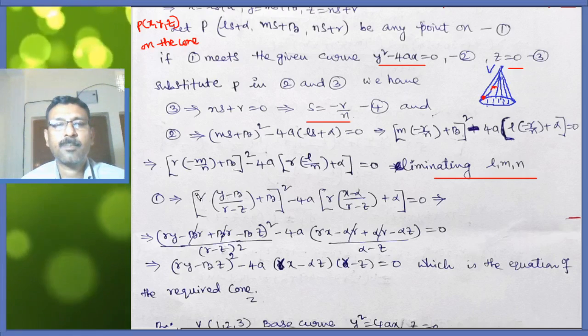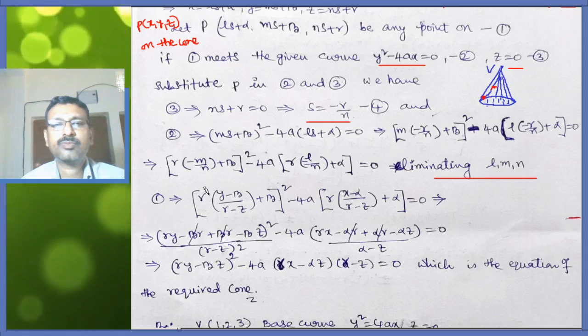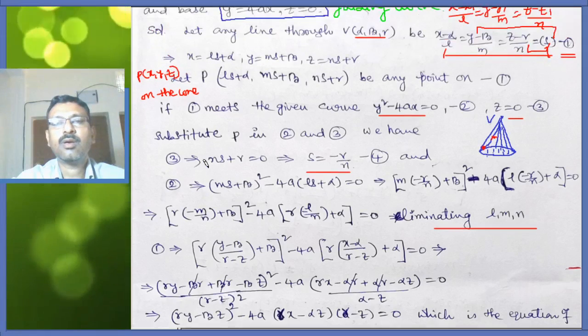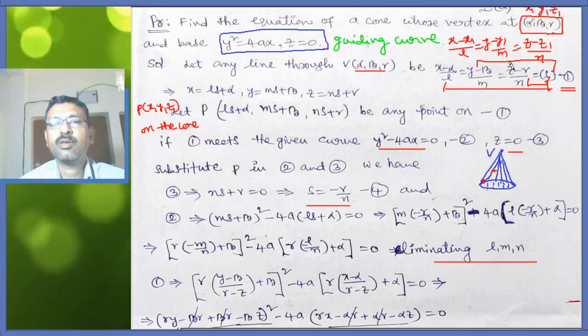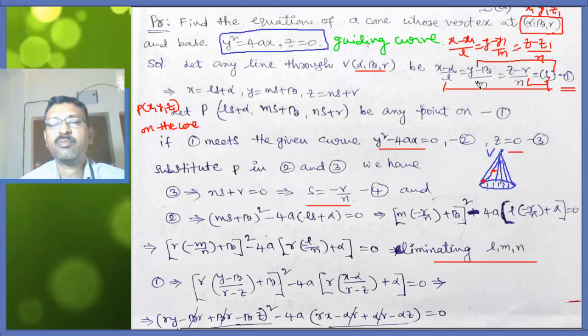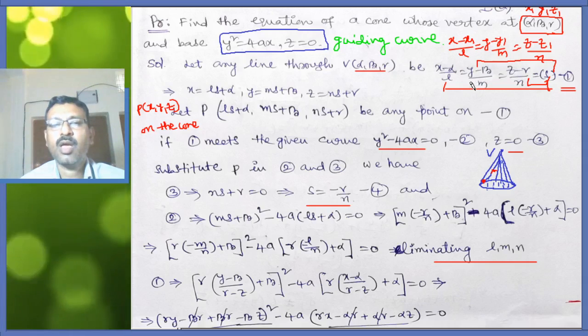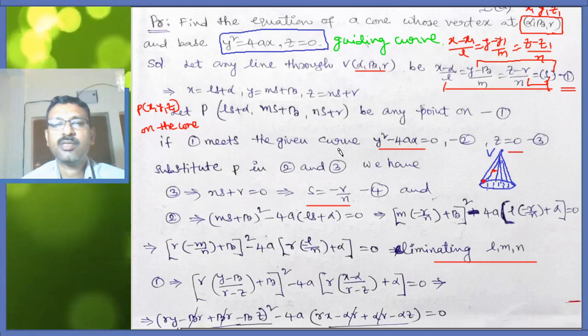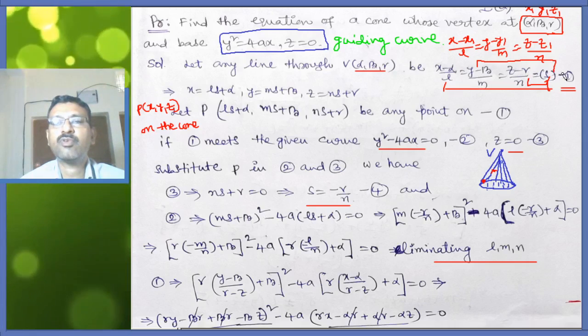I replace minus m by n equal to y minus beta by z minus gamma, using equation 1.